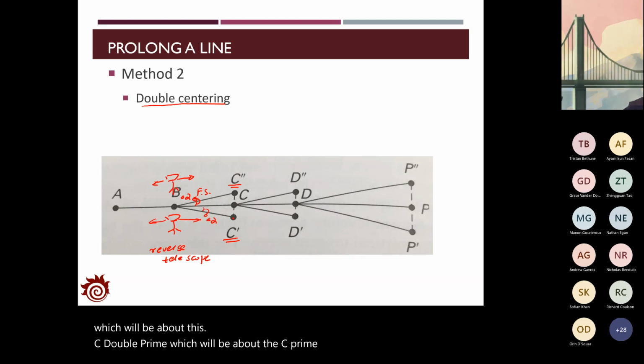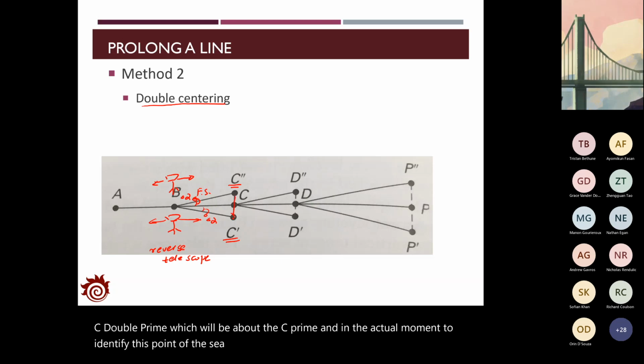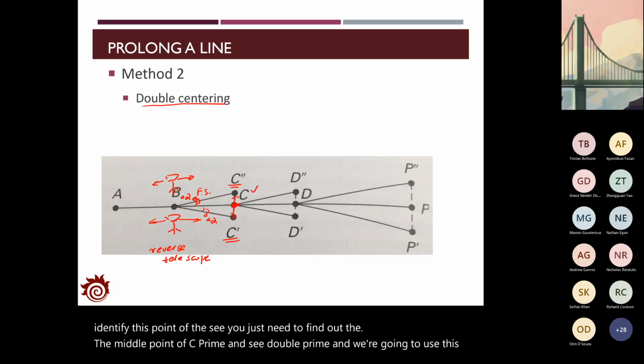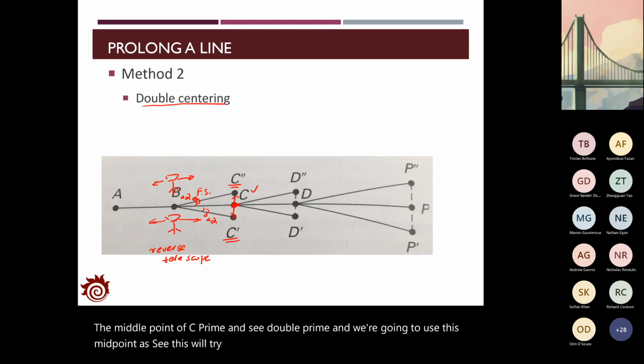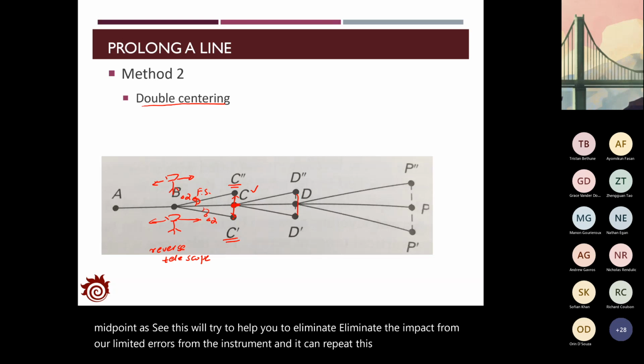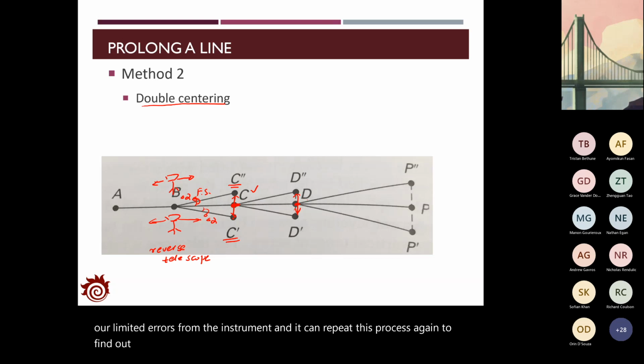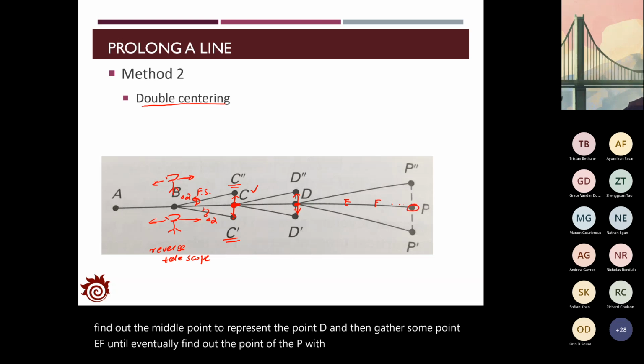And in the actual measurement, to identify the point C, you just need to find the midpoint of C prime and C double prime, and we use this midpoint as C. This will help you eliminate the errors from the instrument. You can repeat this process to find the midpoint to represent the point D, and then points E, F, until you eventually find the point P with the designed distance.